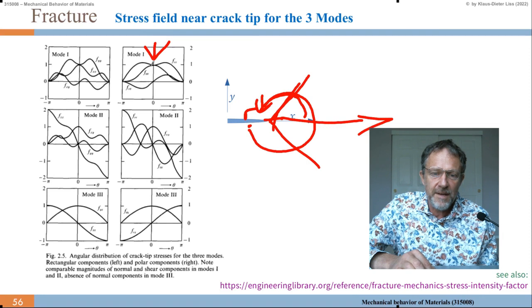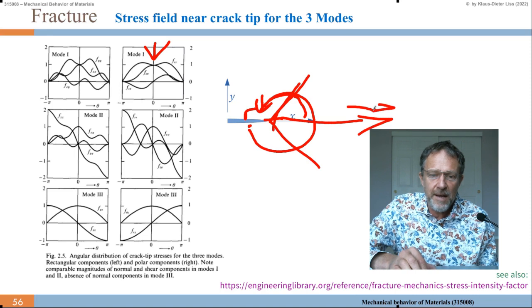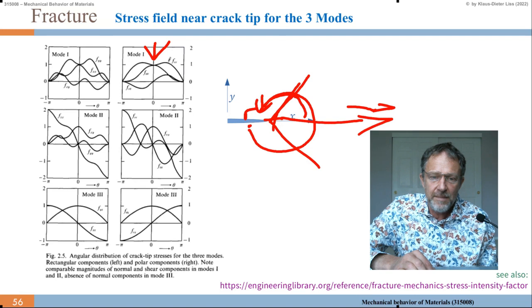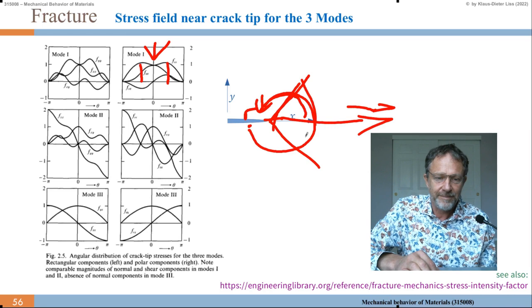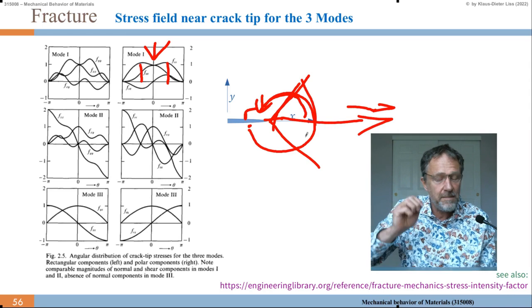The hoop stress also becomes largest in the x direction, so in the x forward direction around theta equals 0. Frr has again two maxima which are off the forward direction by a certain angle. And that may be interesting.